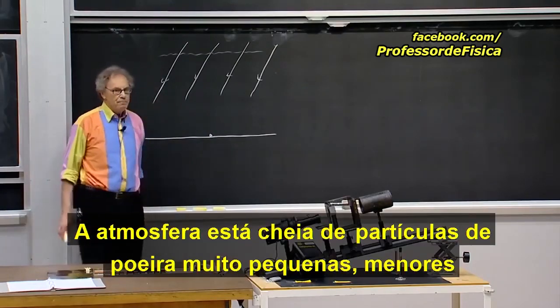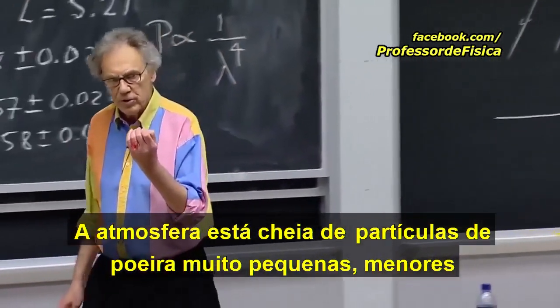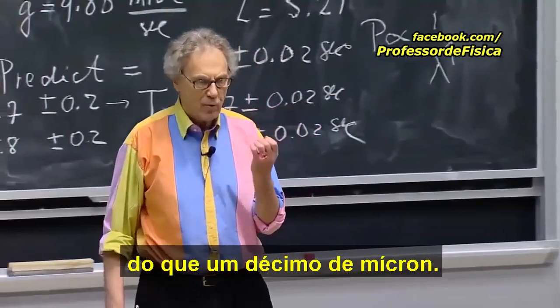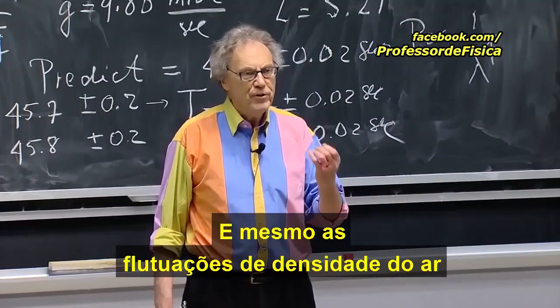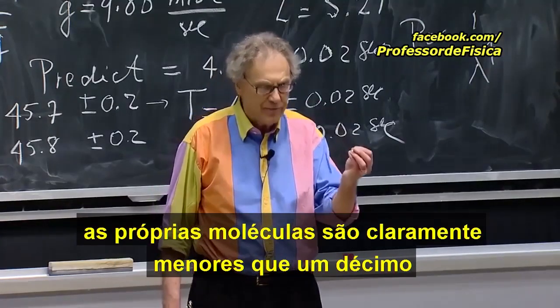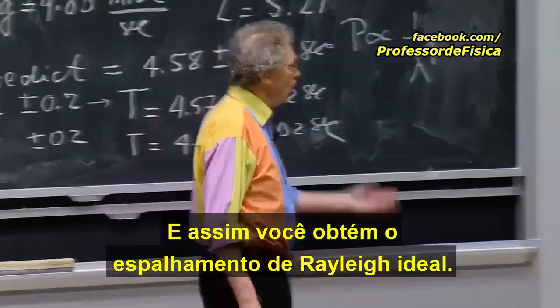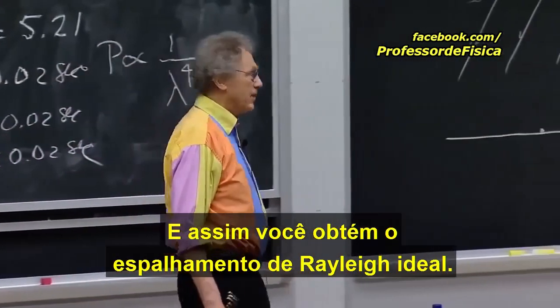The atmosphere is full of very small dust particles, smaller than a tenth of a micron, and even the density fluctuations of the air molecules themselves are clearly smaller than a tenth of a micron, and so you get ideal Rayleigh scattering.